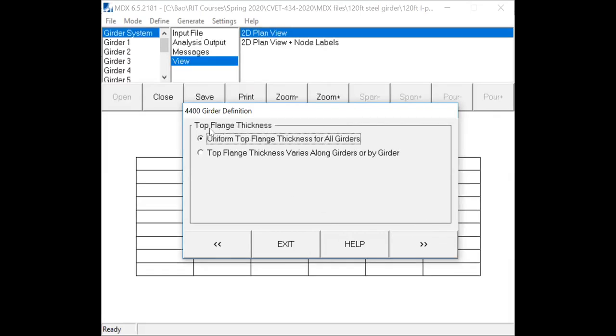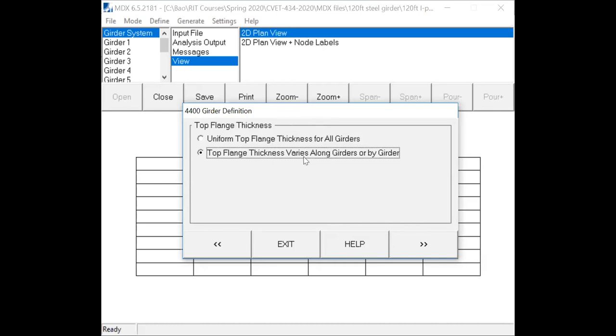And for top flange thickness, since I will change the thickness at splice locations, that option is top flange thickness varies along girder or by girder. So we have the thickness varies along the girder.